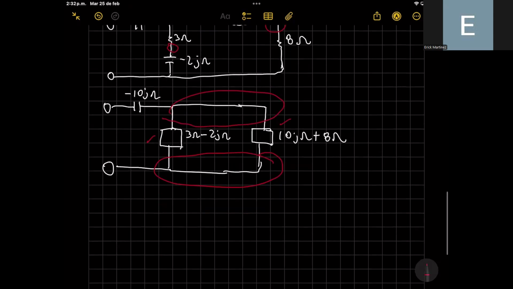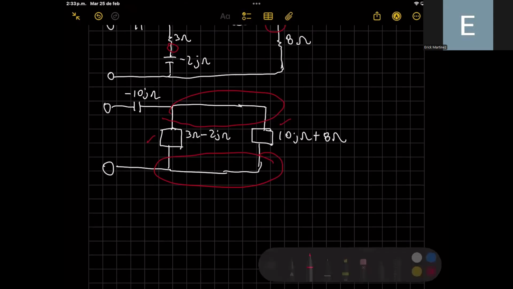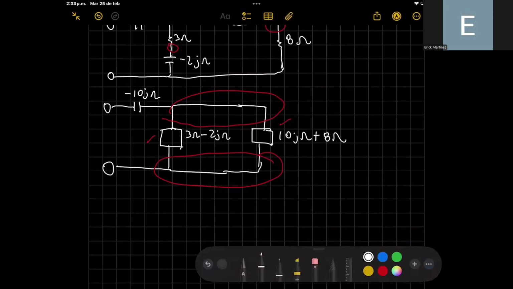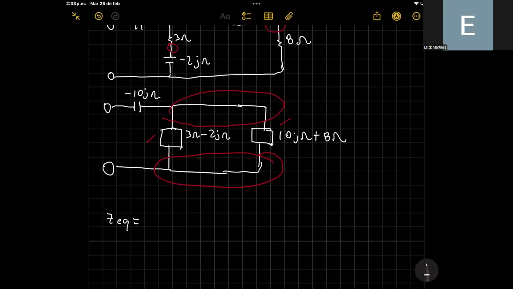So in order to compute the equivalent impedance between these two parallel elements, okay, we can use the relationship that we saw earlier.